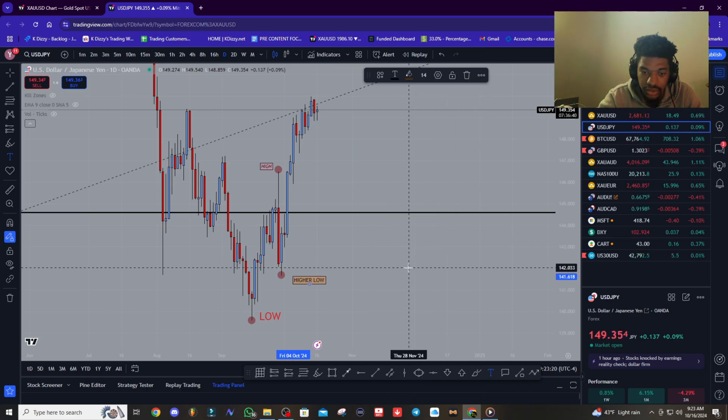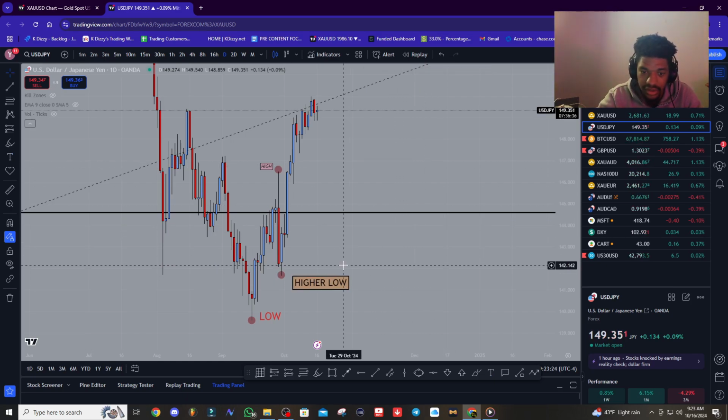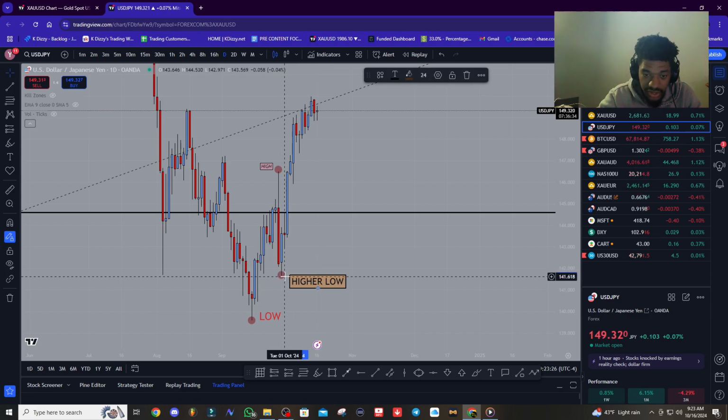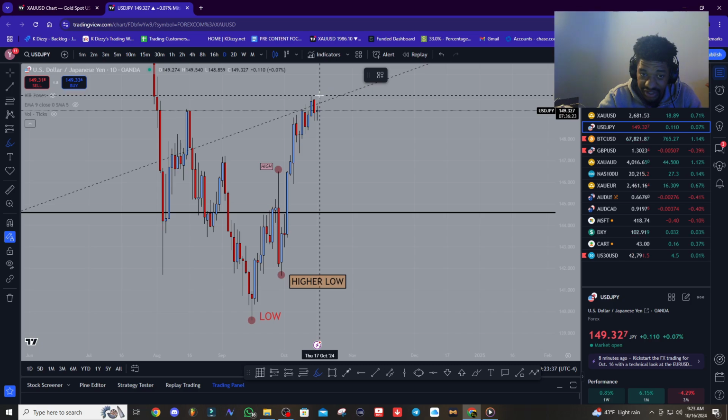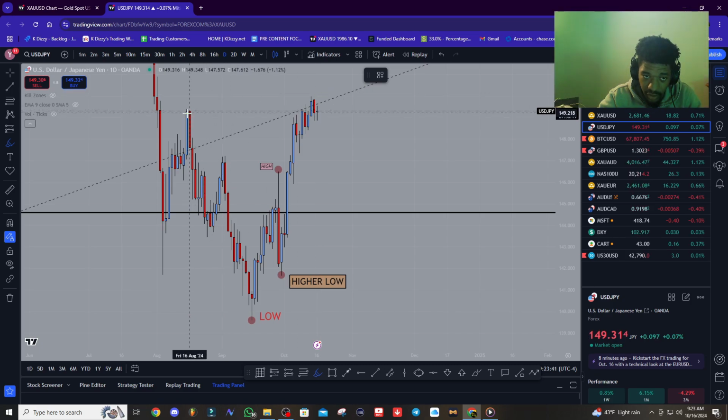Higher low, because it's a higher low point. It's on the lower side of things, because that's on the higher side of things. But this is a low, right? And then it pushed up, and it's still pushing up, right? And this before was a high point, but now it's higher than that.